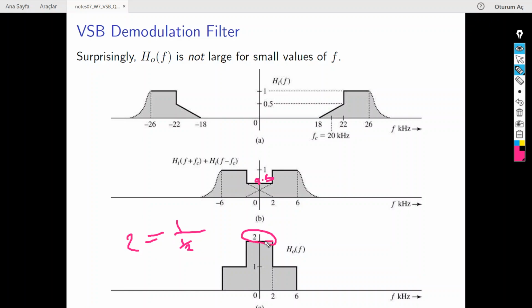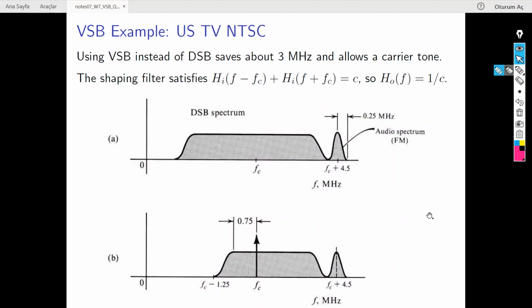So the whole signal within this duration or within this bandwidth takes the value 2. And what's the value of this signal? 1 over 1, 1. It remains 1. And then you draw it. Clear? So this is the filter that you need to use at the receiver in order to reconstruct your signal successfully.